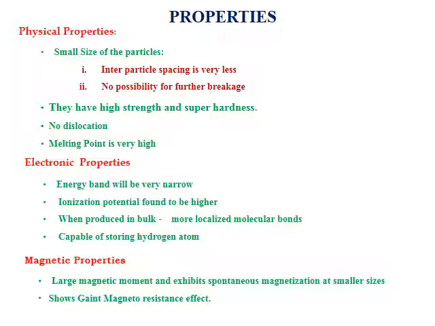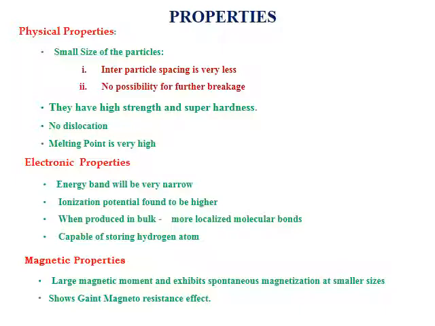In the case of physical properties, since the particles are small in size, that reduces interparticle spacing, so there is no further possibility of breakage. They have high strength and super hardness, and there will not be any dislocations due to their smaller particle size, and the melting point also goes high due to the smaller particle size.